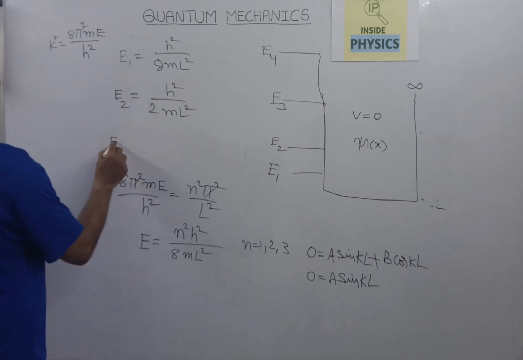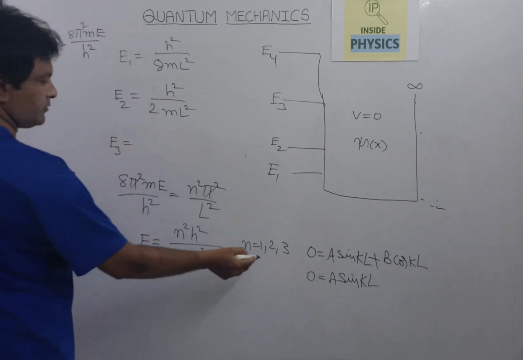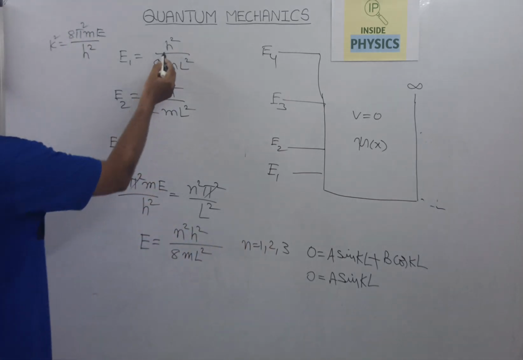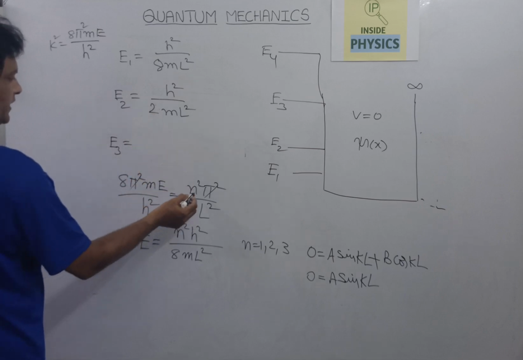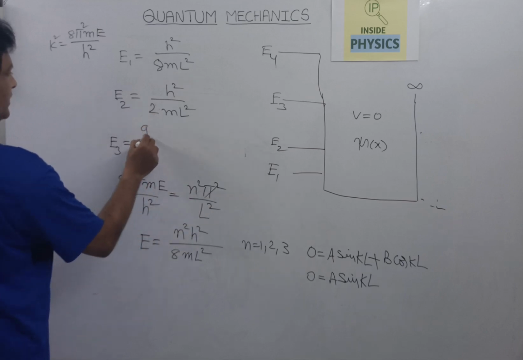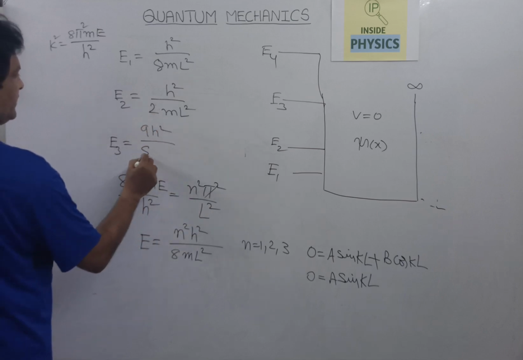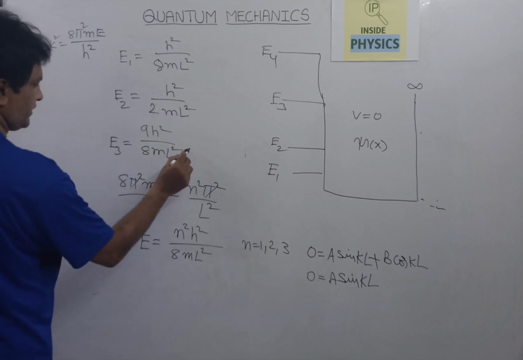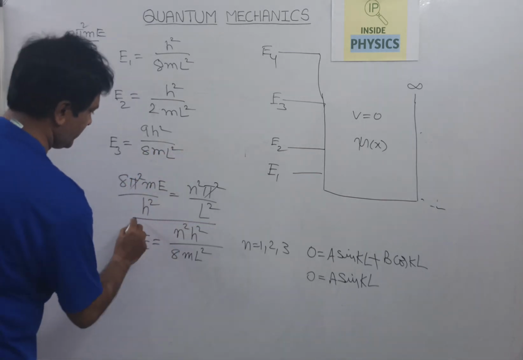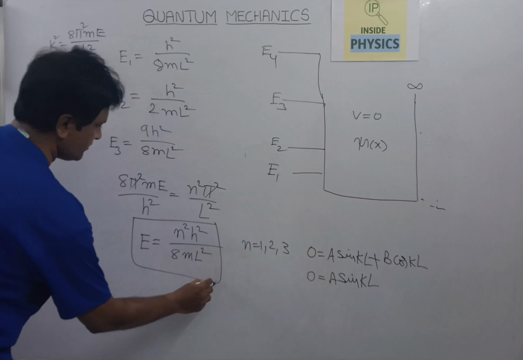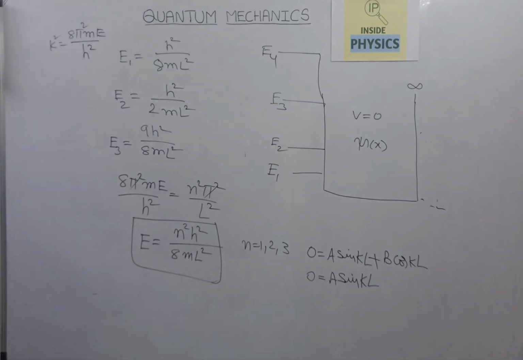E3, the third energy level, if you put n is equal to 3 in this equation, n square h square will become 9h square by 8 m l square. So I am evaluating the energy levels by this formula, which is in the box.